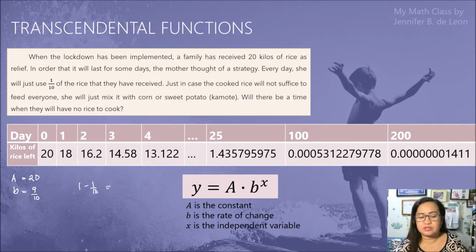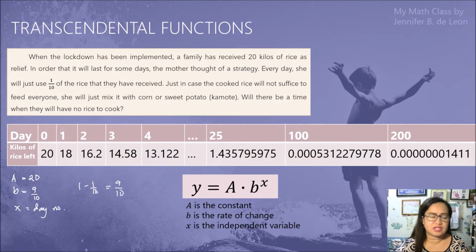So that will give us 9/10. So 1 whole minus the number of kilos of rice being cooked will be equal to the number of kilos of rice left after cooking. And then we have x as the day number. So for example, day 1, day 2, day 3, and so on.